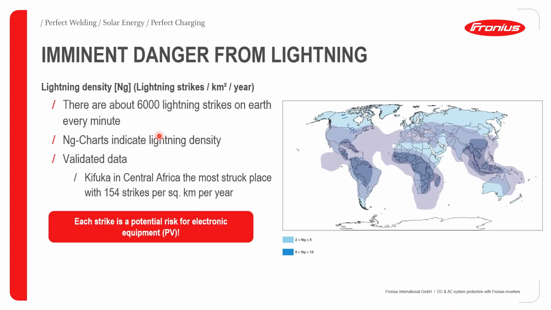Having a closer look at the data coming from the lightning side as far as surge damage is concerned, it would be good to understand the lightning density of the particular area where the system is installed.